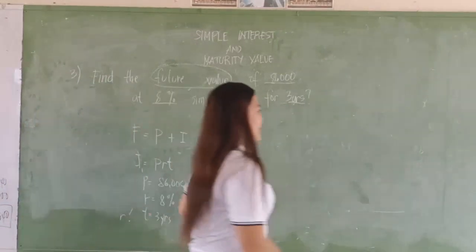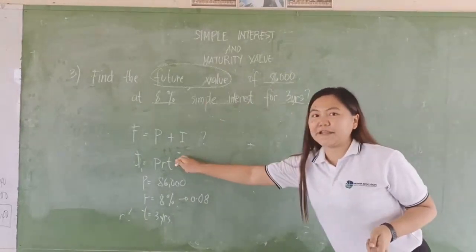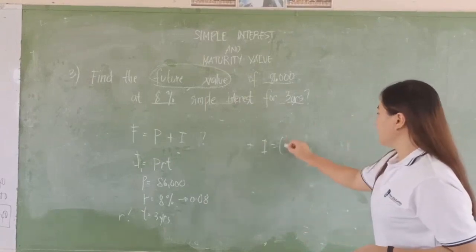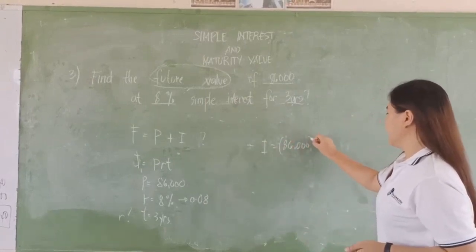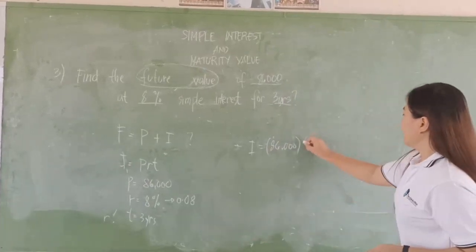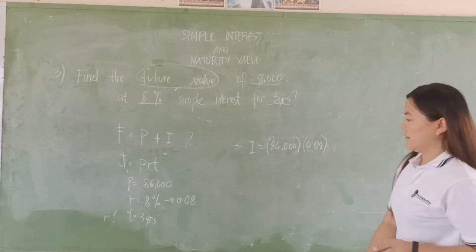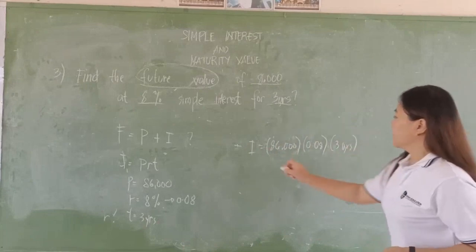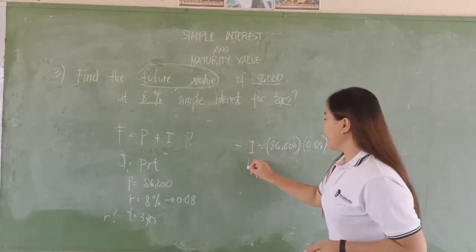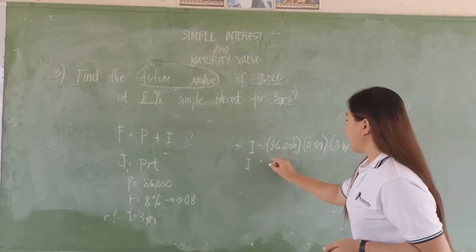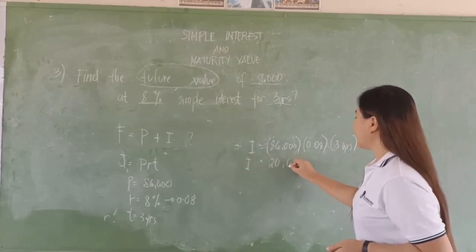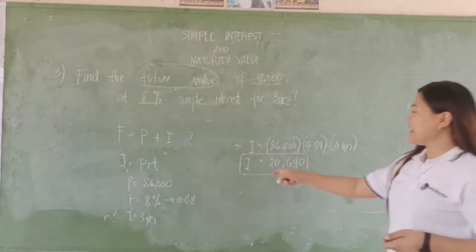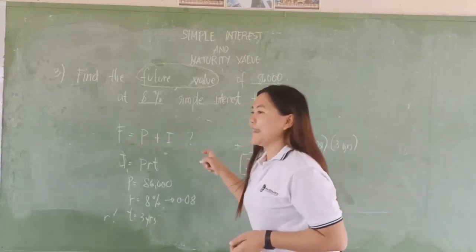So, meron tayong given. Ngayon, i-apply na natin yung ating formula ng interest. So, interest is equal to 86,000 multiplied by 0.08 times 3 years. Okay, so now our interest is 20,640. Okay, meron na tayong interest. Pwede na ba natin kunin yung future value? Yes, pwede na natin kunin.